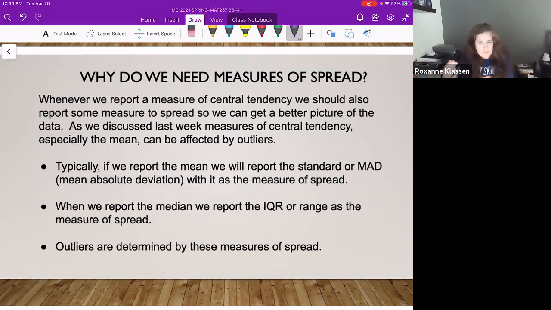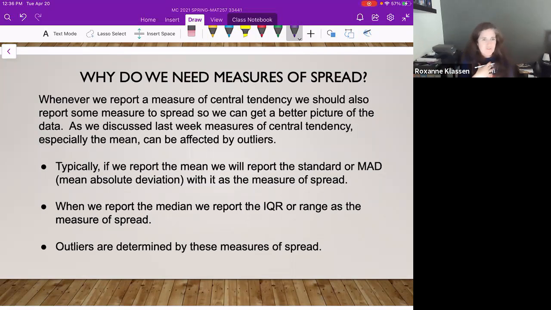The usual time when we report the mode is a very specific circumstance. Like if we have categorical data, right? Or if we're trying to find out the most common of something, like what ice cream flavor is the most common, or what shirt size, or what shoe size, or what is the age of people who come to my restaurant. That would be the mode that's the most important, not the range of people.